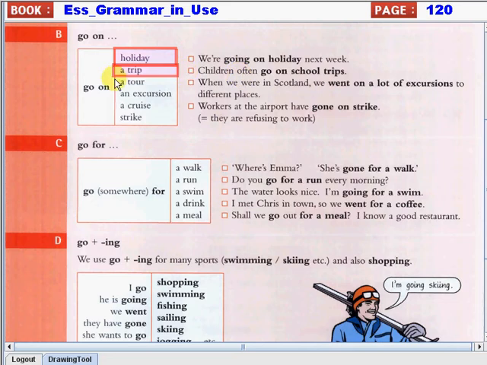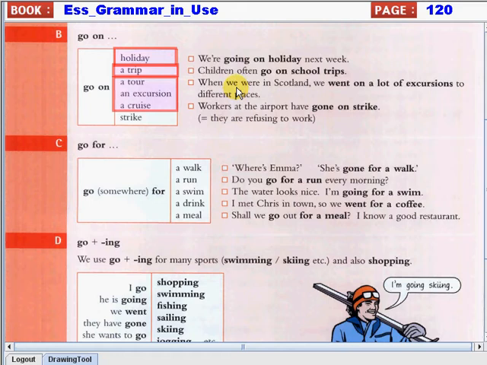You can also use the word go on in a sentence when you're trying to talk about a tour, an excursion, or a cruise. For example, when we were in Scotland, we went on a lot of excursions to different places.